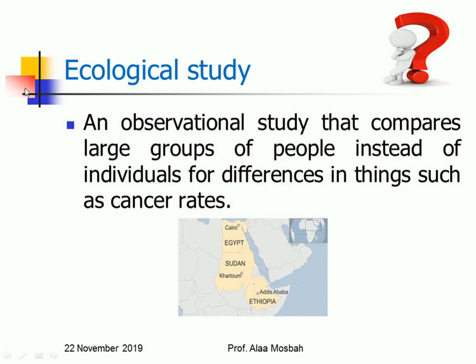So an observational study that compares large groups of people instead of individuals for differences in things such as cancer rates is called ecological study.